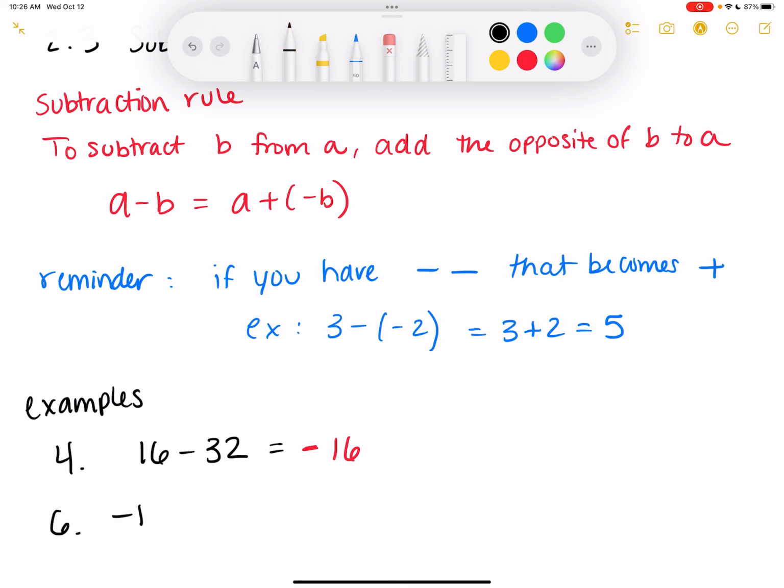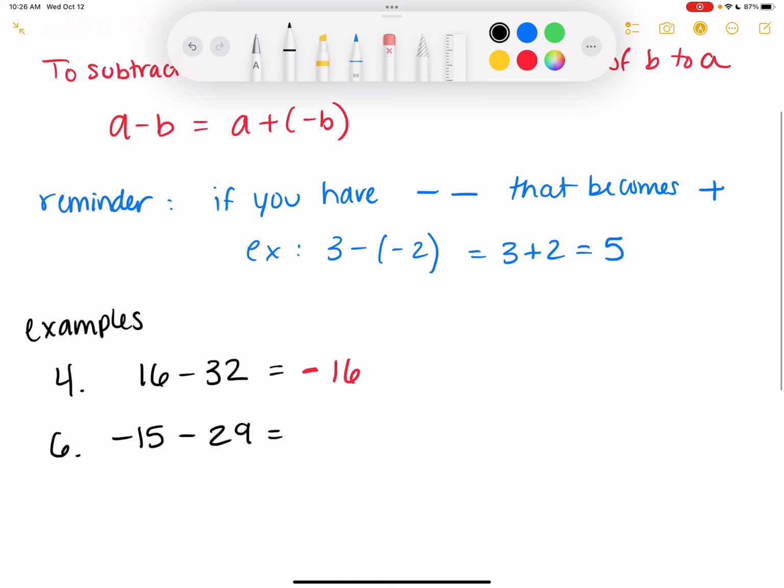Number 6, negative 15 minus 29. So these numbers have the same sign, okay? They're both negative, if you will. I realize the one is just a subtraction, but we're going to say that they're both negative, so what does that mean is going to happen to my answer? It's going to become positive.